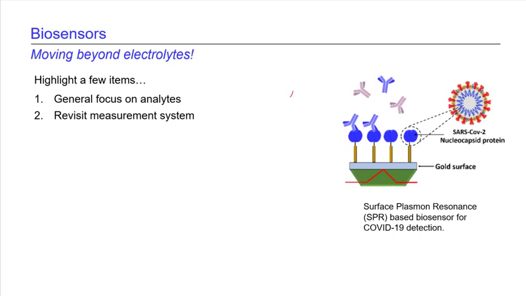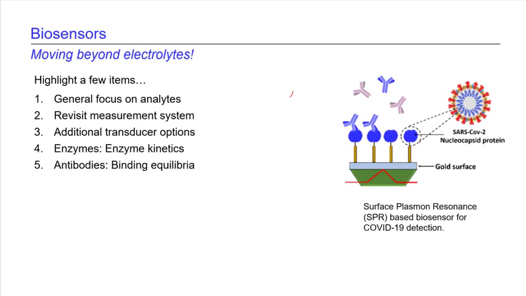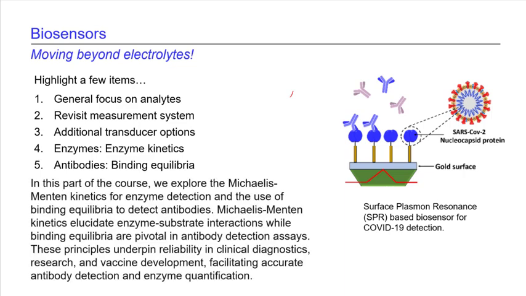Subsequently, we'll comment on how the basic measurement system is slightly changed to accommodate this new class of measurements. This leads to recognizing we're going to address new transducer options as part of the sensor system. Finally, we highlight the need to understand enzyme kinetics and binding equilibria as part of the mediated signal pathways.